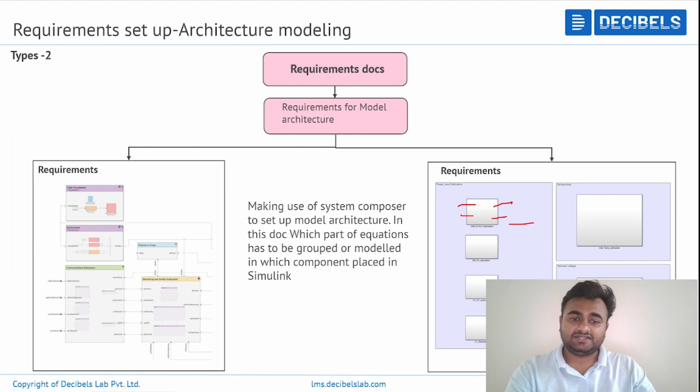All these will be provided as requirements for the model architecture. We can make use of Simulink as a tool, or System Composer, which is also part of MathWorks. So you can call it a type 2 document.